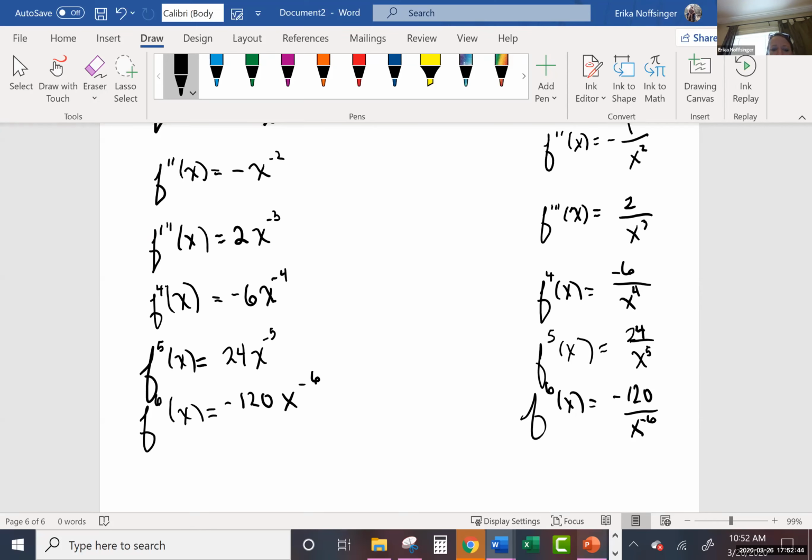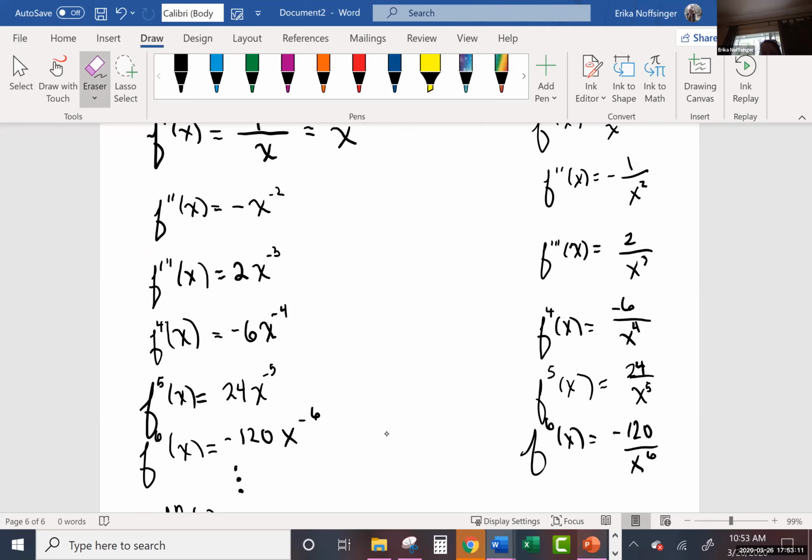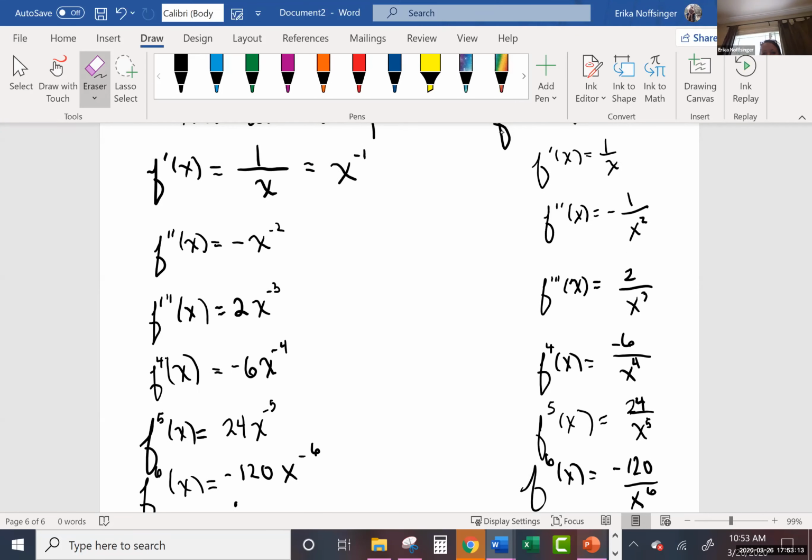So what can we say about f to the nth power? Okay, well, let's look at the derivatives and see if we see any power, or something that we can write. Notice that in the first derivative my power is 1 in the denominator.